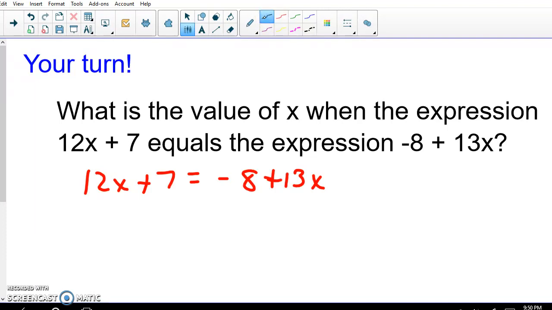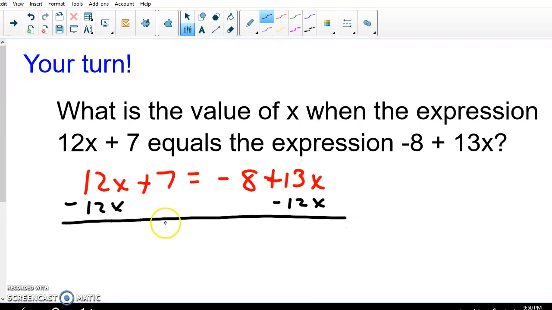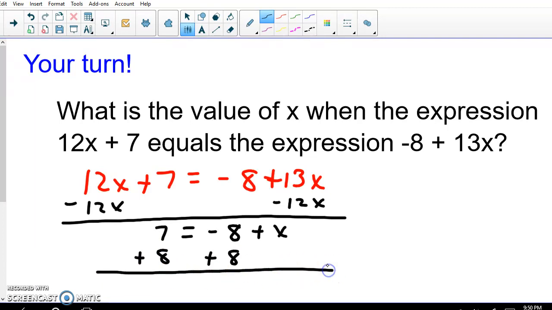And then you can unpause and check out your answer. If you got x equals 15, you are good to go.